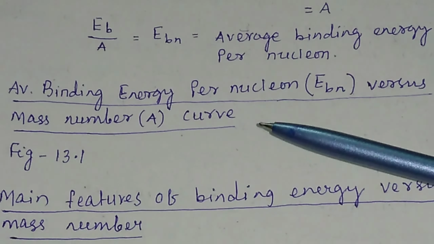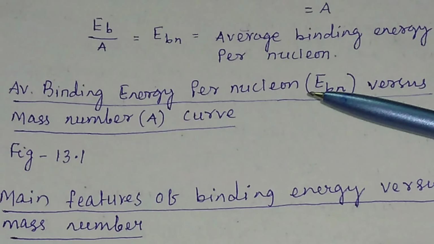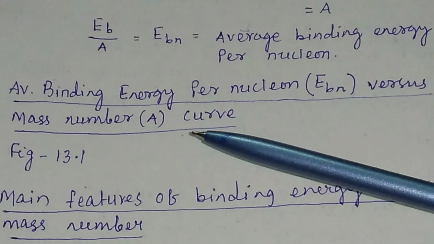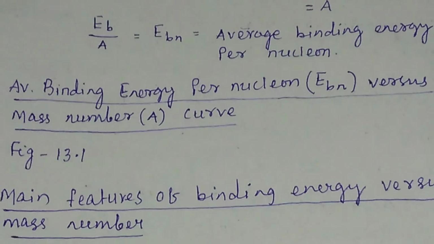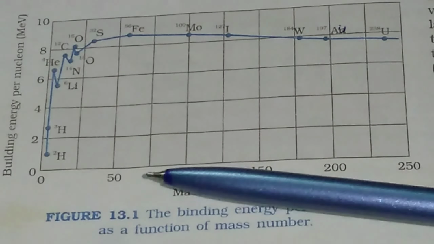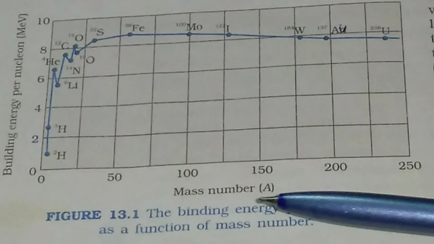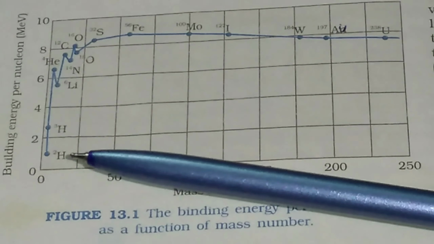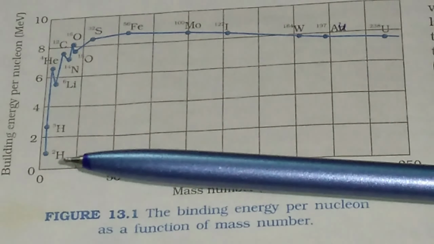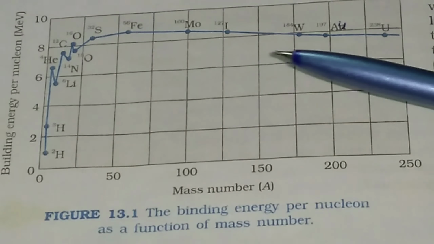And now we will discuss how average binding energy per nucleon, EBN, varies with the mass number A. If you plot a graph taking mass number A along the x-axis and average binding energy per nucleon in MeV along the y-axis, then the nature of the graph will be like this.